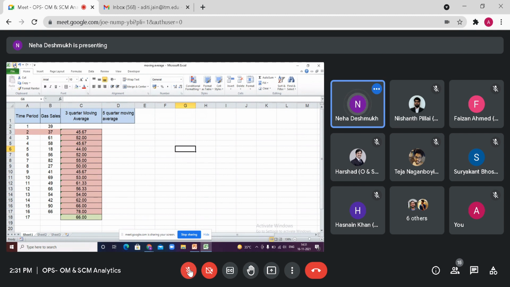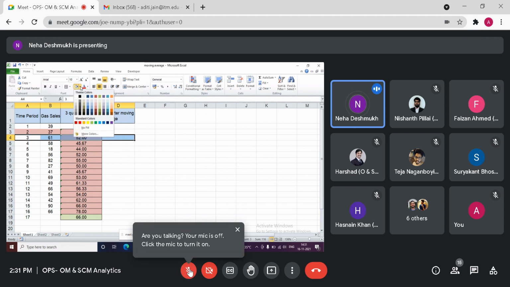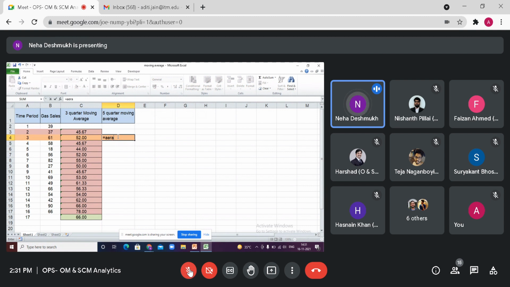Are you solving now? No, ma'am. We will start. So please start this, or let me complete five quarter also. How to calculate five quarter? The concept of five quarter is to start from the third value. How to calculate? Equals average of the first five numbers: one, two, three, four, five.